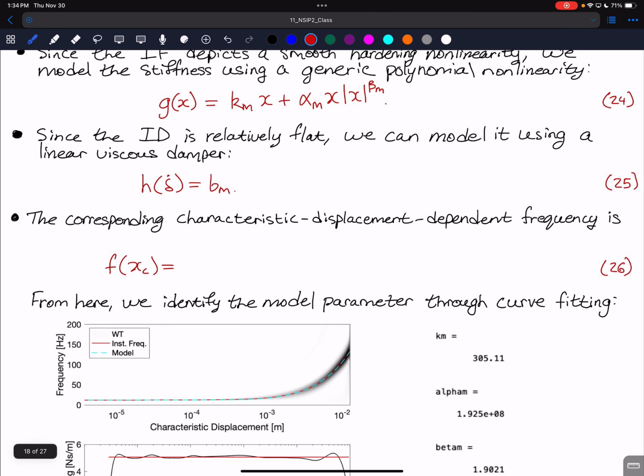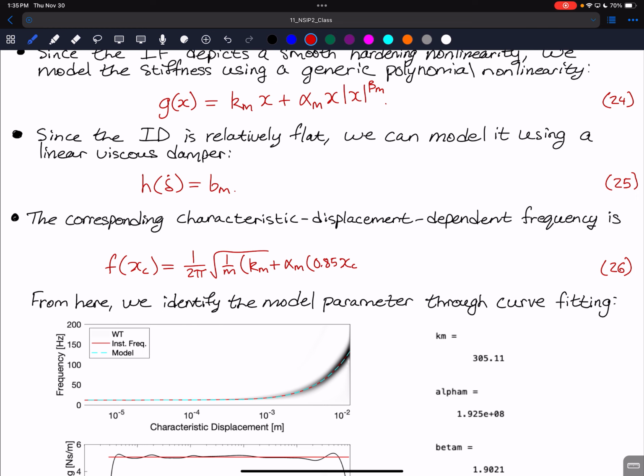Okay, so with that, we can define the characteristic displacement dependent frequency to be 1 over 2 pi times the square root of 1 over m times k sub m plus alpha sub m times 0.85 times xc, where xc here is the characteristic displacement, all raised to beta sub m.